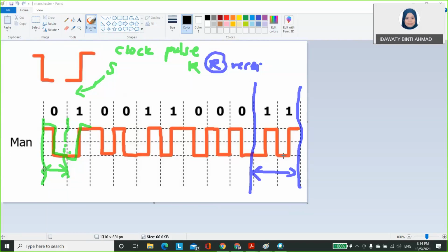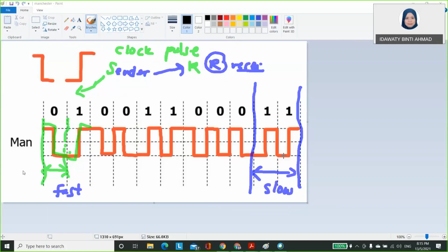When you represent the bits, it will be different, because for the sender the clock ticking is very fast, but for the receiver the clock ticking is very slow. So when you want to transmit from sender to receiver, you must synchronize the clocking. The receiver and sender must agree on this clocking tick.